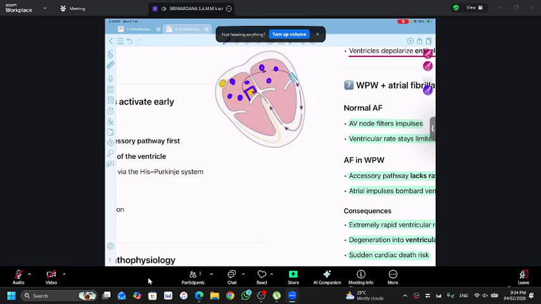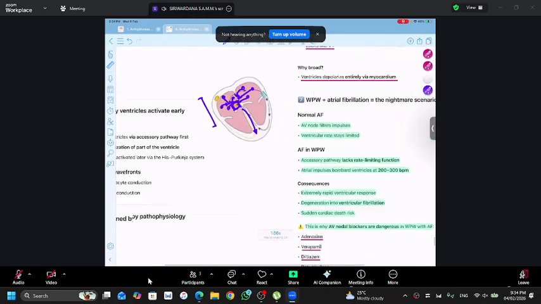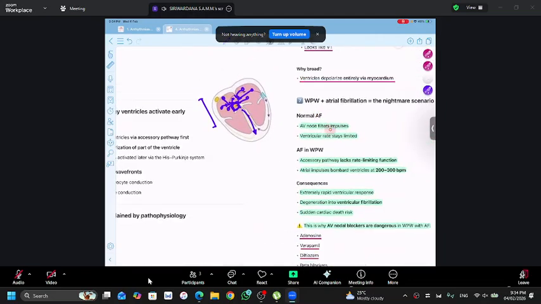And the atrioventricular node gets bombarded with different signal morphologies coming from these ectopic foci. But the AV node acts as a filter and sends out only a few of those signals. Therefore, it kind of controls the ventricular rate. But even in here, the ventricular rate is irregular, but it's definitely not as chaotic as the atria, right? Because the AV node has a filtering capability. The AV node filters impulses and the ventricular rate stays limited.